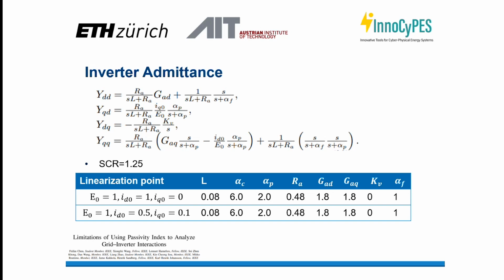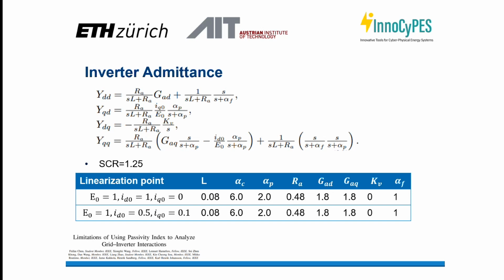So this is full power. And we have here another linearization point where the voltage is the nominal voltage, but we have ID0 and IQ0 in different set points. The rest of the variables are kept the same.